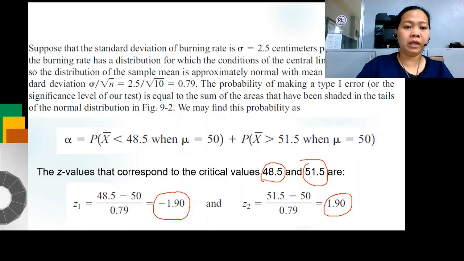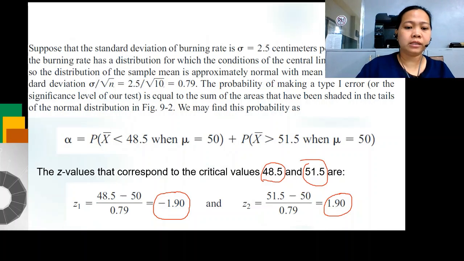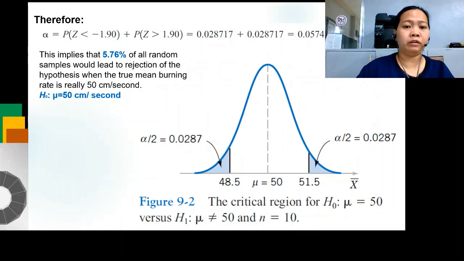This formula was already given in previous discussions of Engineer Lovely. So alpha is the probability for the sample mean to be less than 48.5 and the sample mean to be greater than 51.5. So this one, and the z values here.